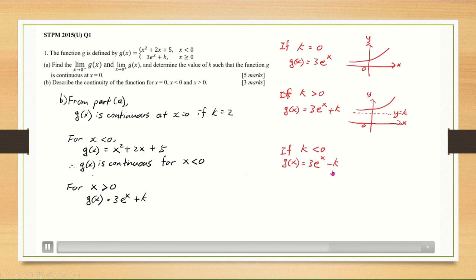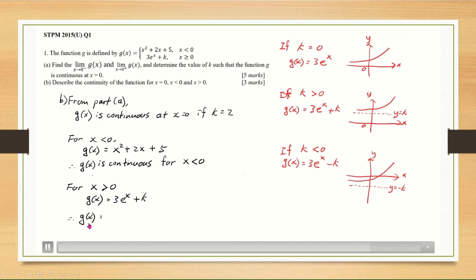When k is negative, we shift the whole curve downward by k units. So when we shift the k units downwards, the curve is like this. For the region x greater than 0, the curve is also continuous. So from here we can say that k does not have any effect on the continuity.